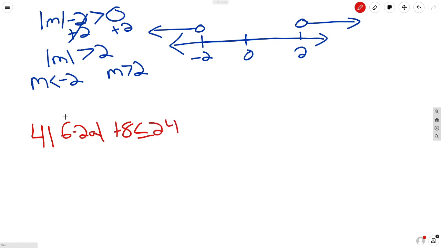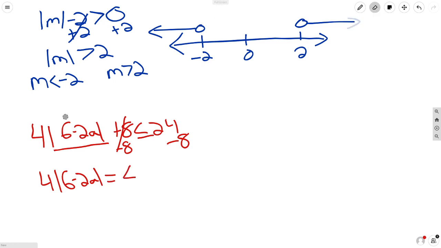Now remember, we need to isolate the absolute value. So I have 4 times the absolute value of 6 minus 2a, plus 8, is less than or equal to 24. So the first thing I'm going to do here is subtract 8 from both sides. Remember, I do subtraction and addition before division and multiplication when I'm trying to isolate the variable here. 24 minus 8 is 16.